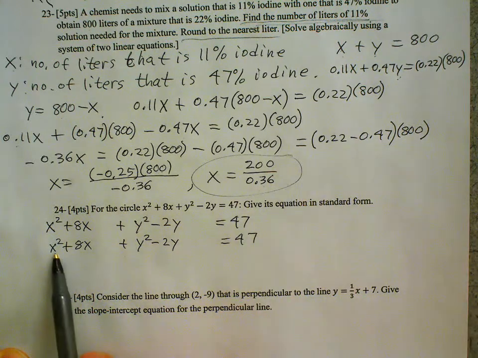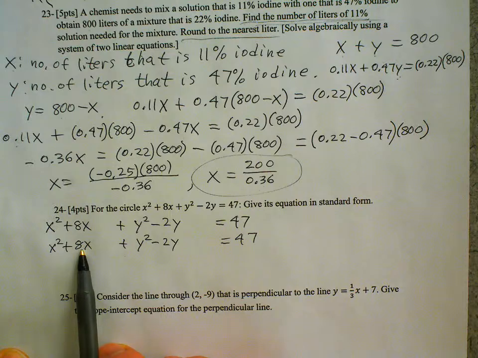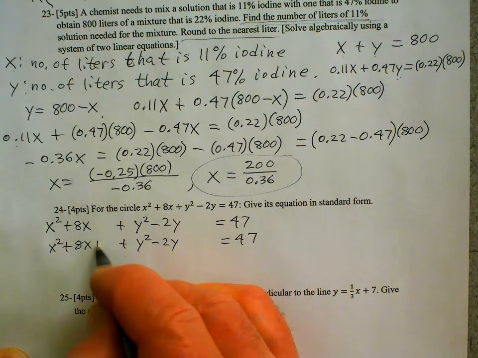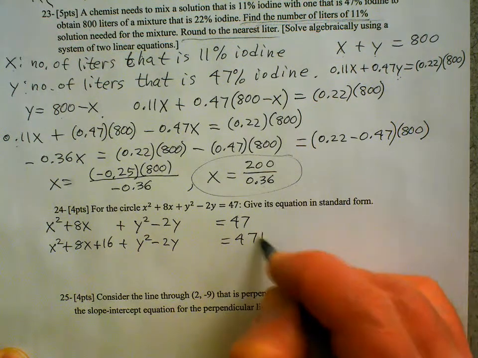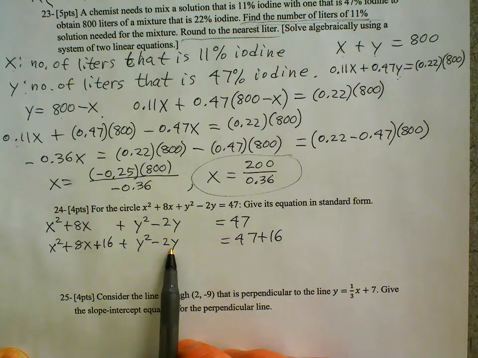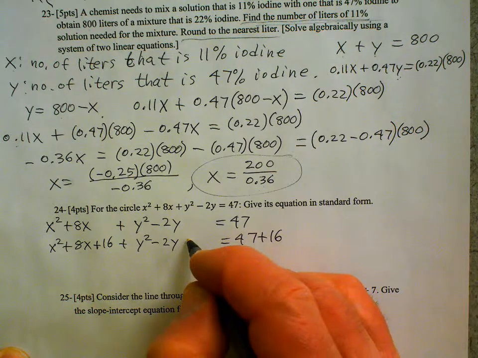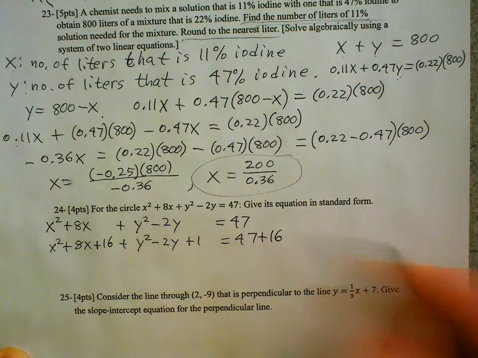Okay, for x squared plus 8x, take half of 8 and square it. Half of 8 is 4, 4 squared is 16. So we add 16 to both sides. And then the other equation, y squared minus 2y, take half of negative 2, which is negative 1, square negative 1, which is positive 1, and add 1 to both sides.